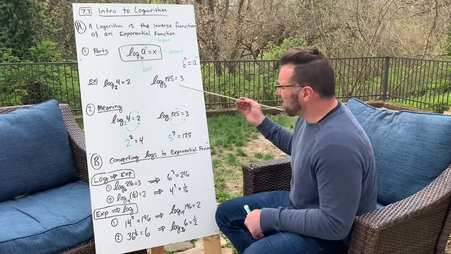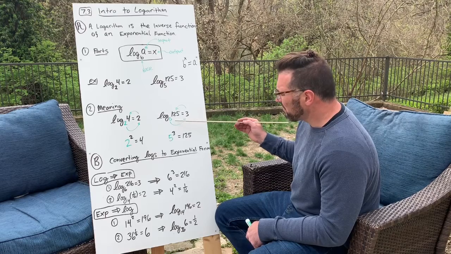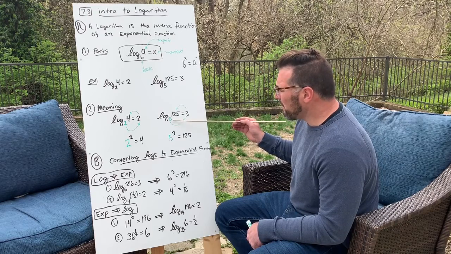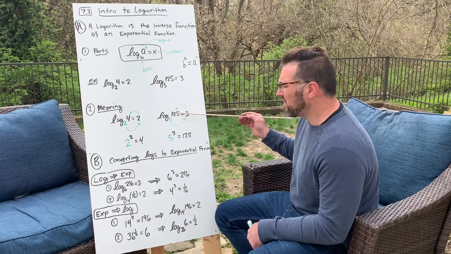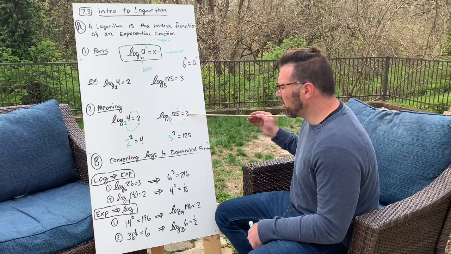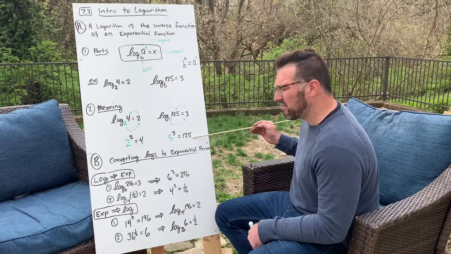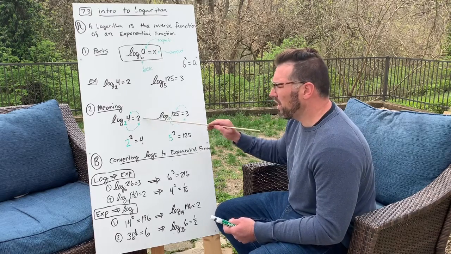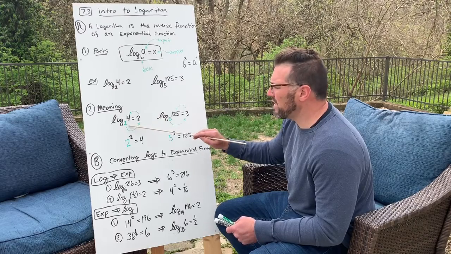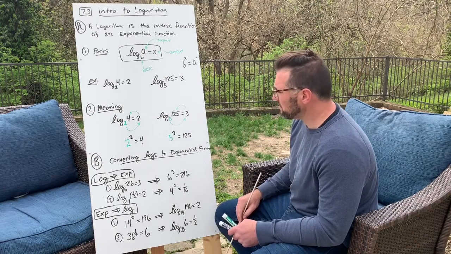Take a look at this log. It's the same one that we talked about before. This is saying, what number do I need to raise 5 to for it to equal 125? 5 cubed equals 125. And so that's what the meaning of a log is. It's just asking, what exponent do I need to raise my base to get my input?